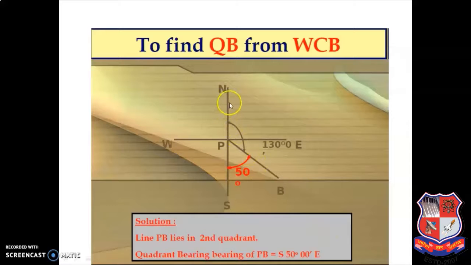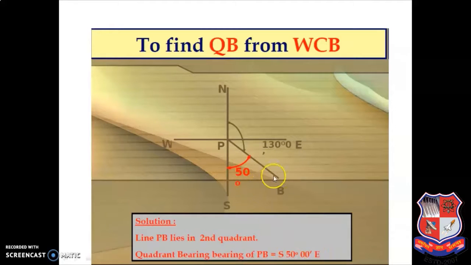How? You can see from here to here, north to south, what is the value? Total 180 degree, and already 130 is given to you, and you have to calculate the value from here to here. So what will you do? From 180 you have to deduct 130. So 180 minus 130, what will be the value? 50.